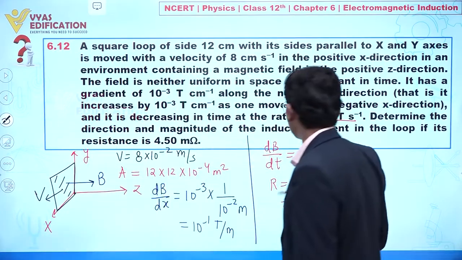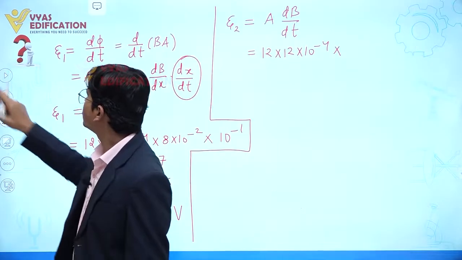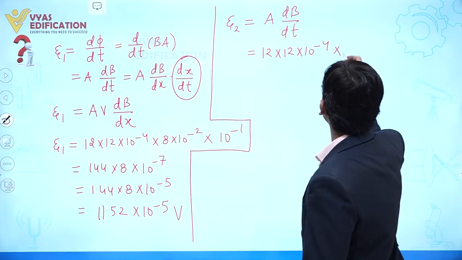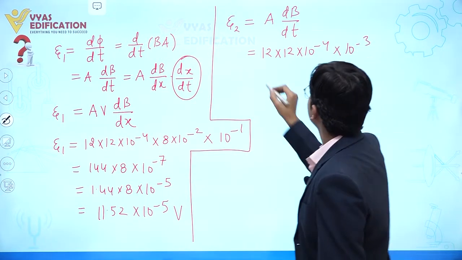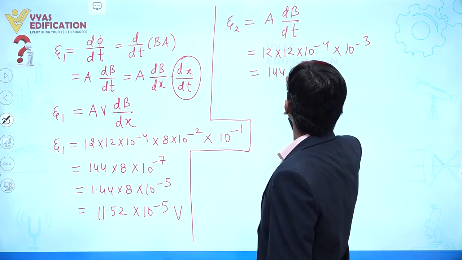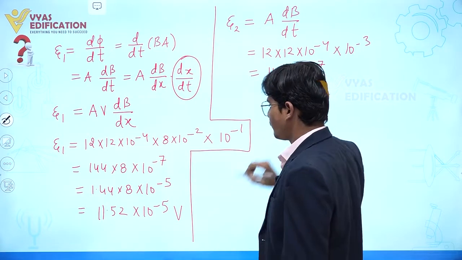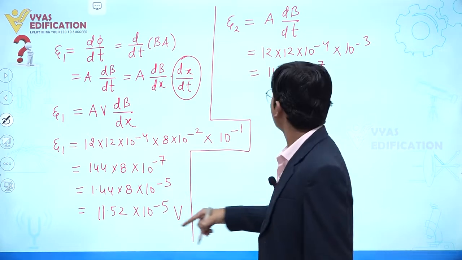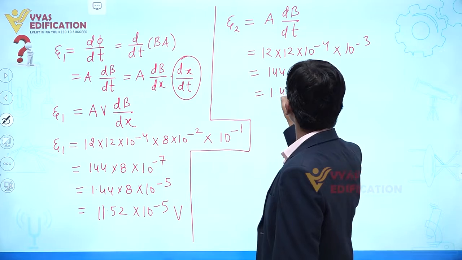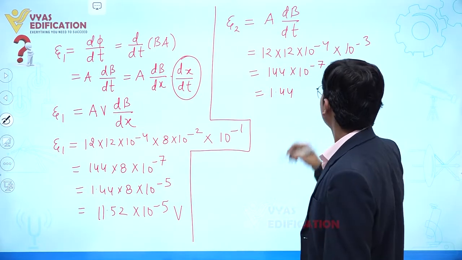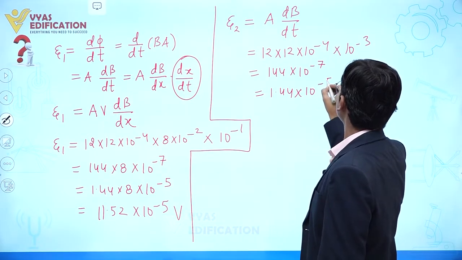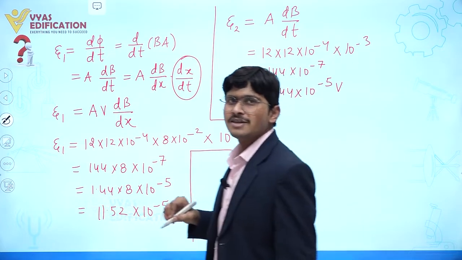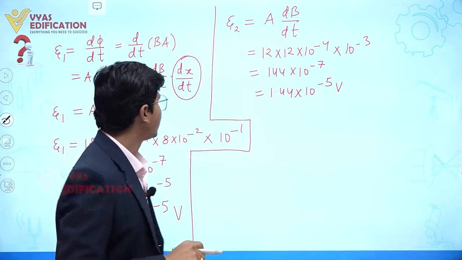This is given to you, 10 to the power minus 3 Tesla per second. So we get 144 into 10 to the power minus 7. If you convert in this form, we can write 1.44 into 10 to the power minus 5 volt. So this is the value of induced EMF.